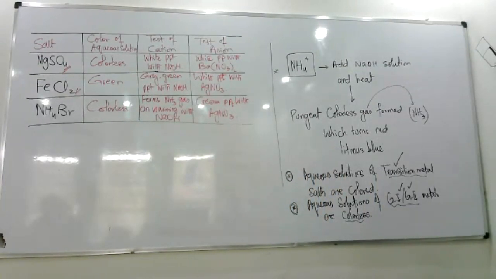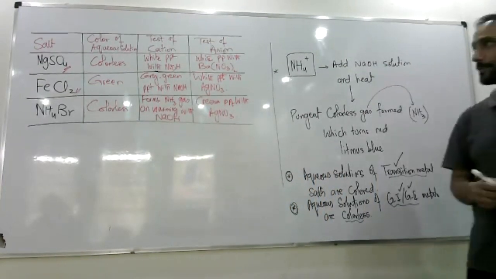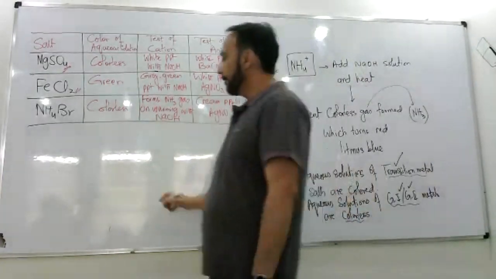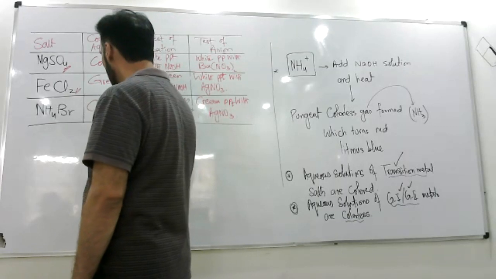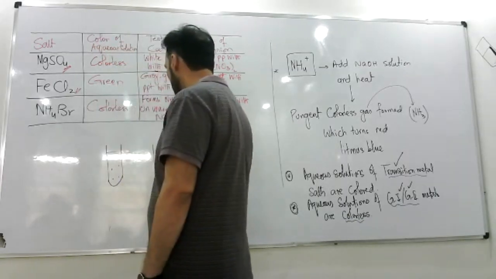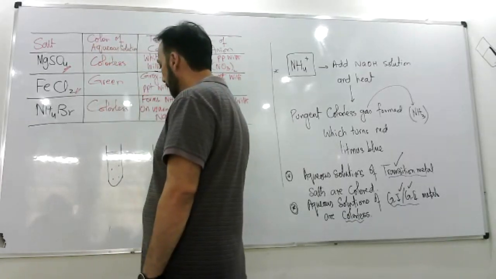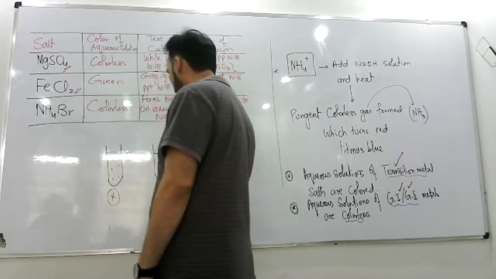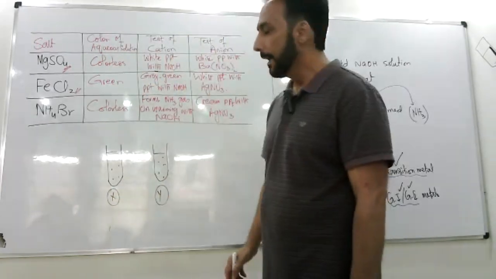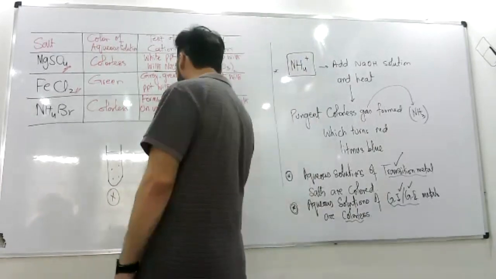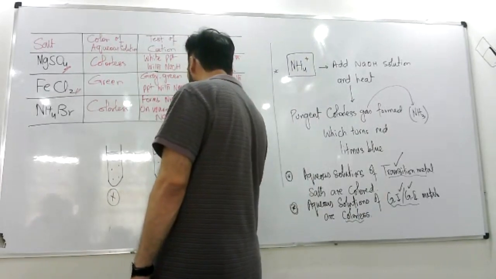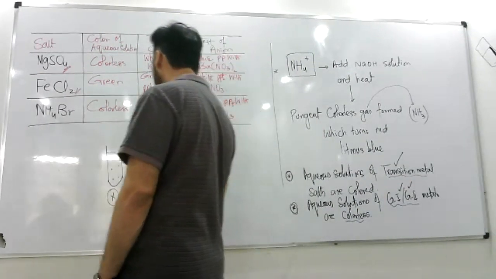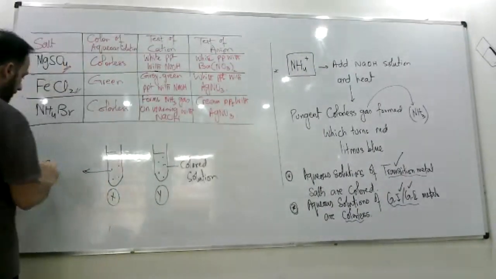And this is how the questions are typically placed from these test of ions and everything. Let's say there is another test tube, test tube X, and test tube Y. And this test tube Y has a colored solution, and test tube X has a colorless solution.